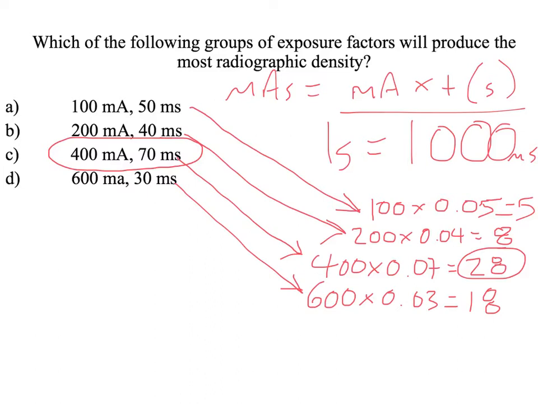So without doing all these other steps, I could probably just jump to 400 versus 600, because all of these millisecond measurements are pretty close to each other. Now if one of these was like 1,000 milliseconds, then I would need to reconsider that. But in terms of trying to get through these problems quicker, look at the MA first and then start looking at the time. Okay?